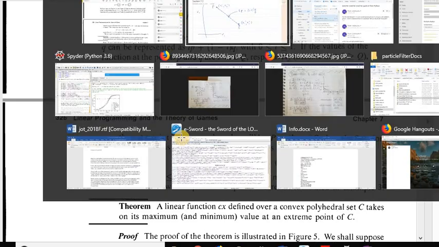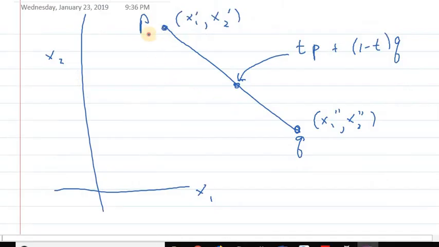If you go back here, the value of the function here is going to be C1 x1 prime plus C2 x2 prime. The value of the function here is going to be C1 x1 double prime plus C2 x2 double prime.